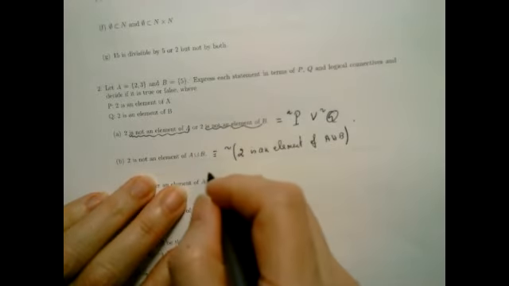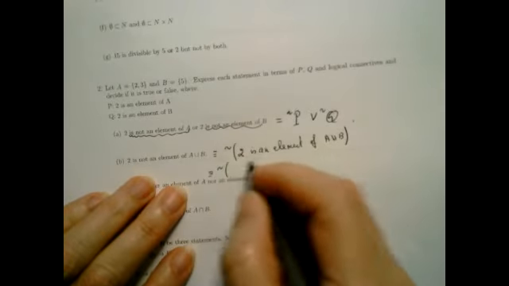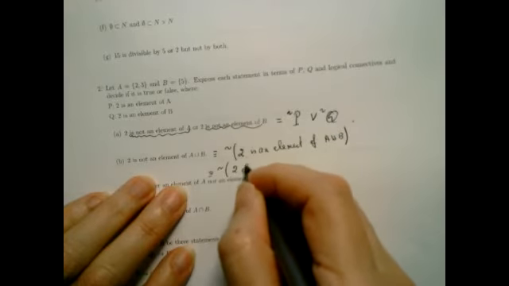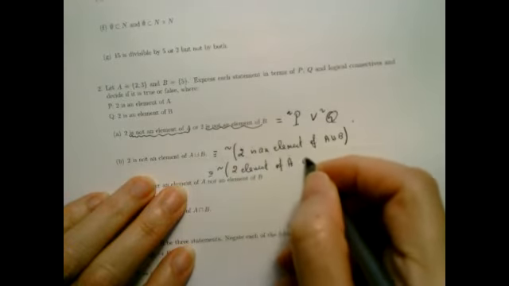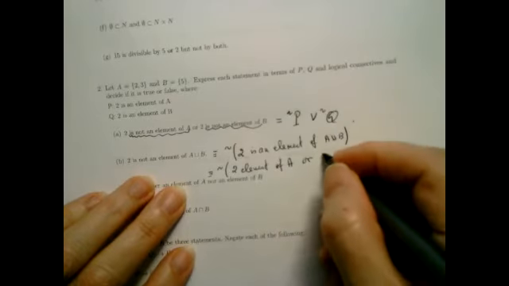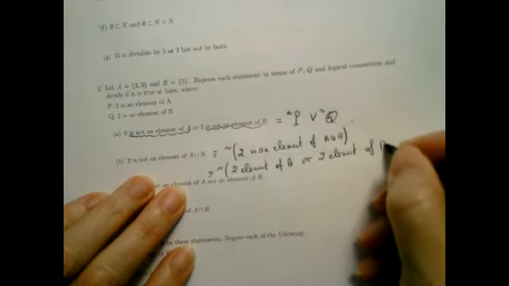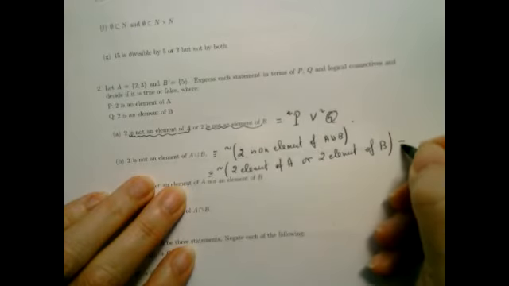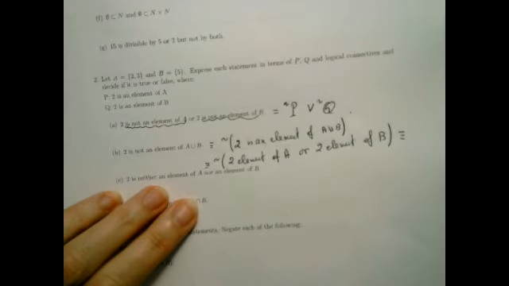Okay. Why will this be helpful? It means, what am I negating? 2 is an element of A, or, that's what it means in A union B, 2 is an element of B. Am I right?